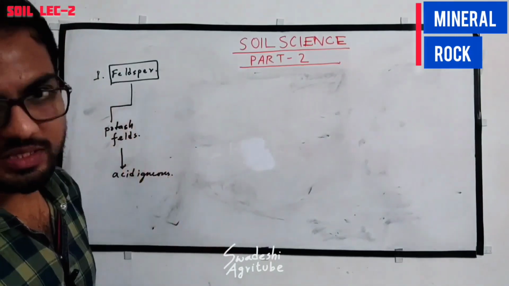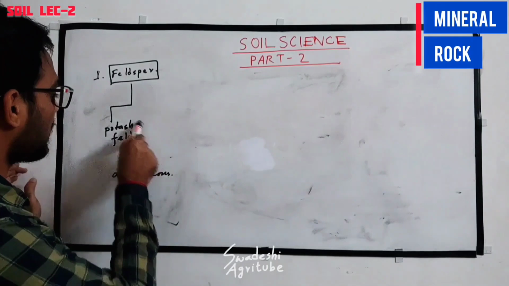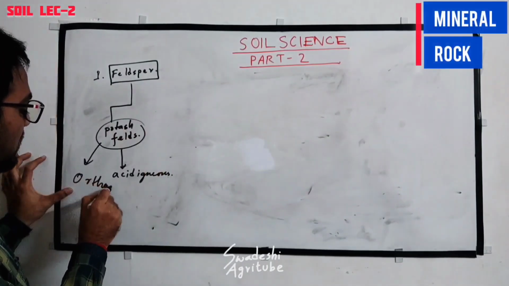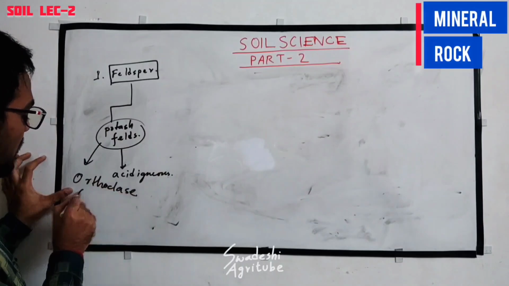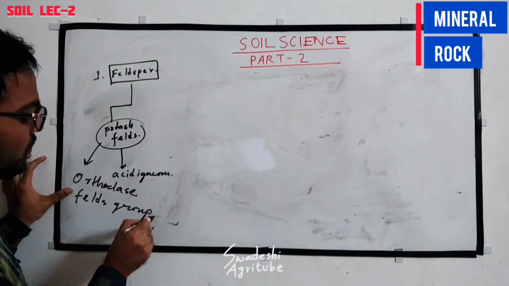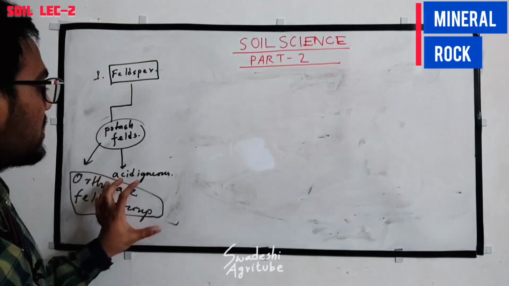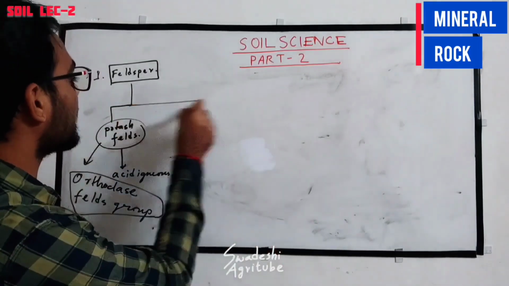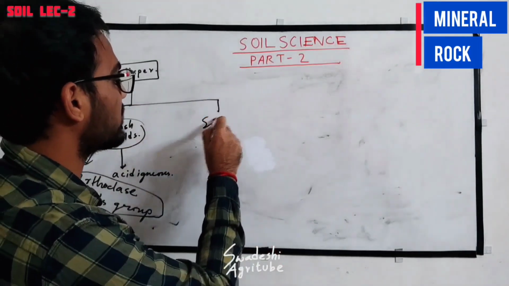If we look at the chemical nature of potash feldspar, these feldspars form a group which is named orthoclase, chemically the orthoclase feldspar group. Another classification is soda feldspar, or you can say lime feldspar.